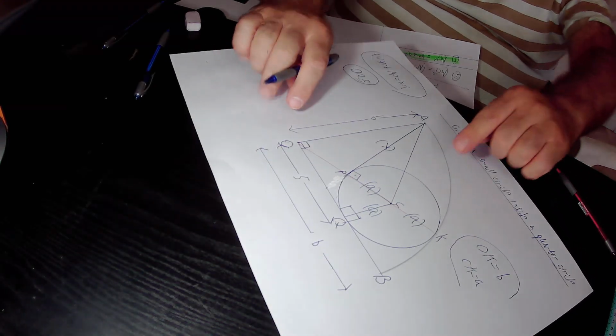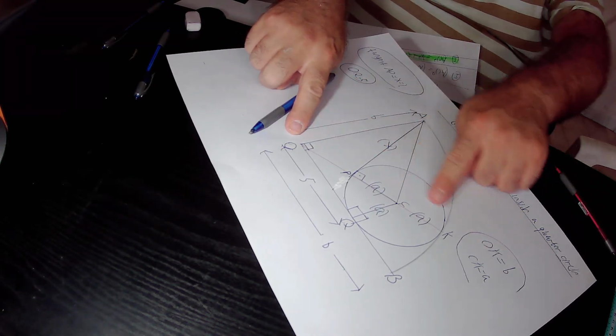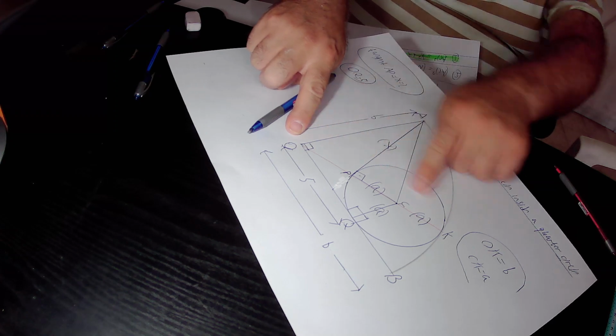OC equals OK minus CK. Again, OC equals OK minus CK.